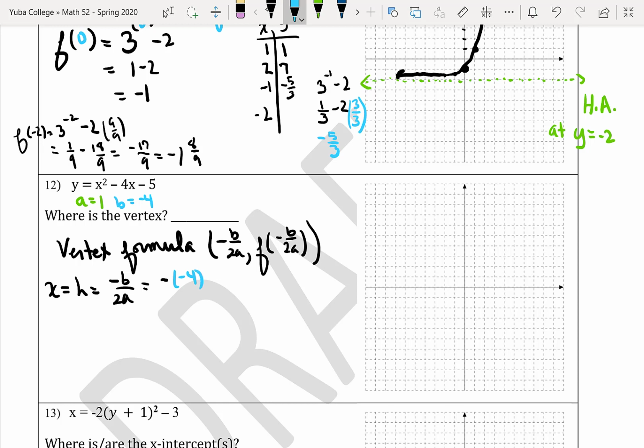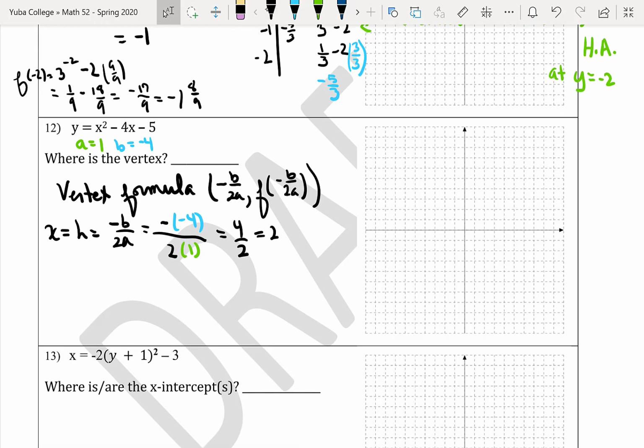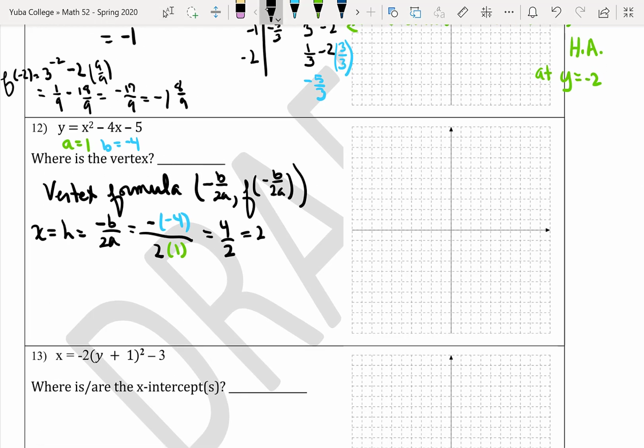So the k value of our vertex, which is equal to the y value of our vertex, we find by plugging this value that we just found, 2, back into wherever we see an x in our equation.